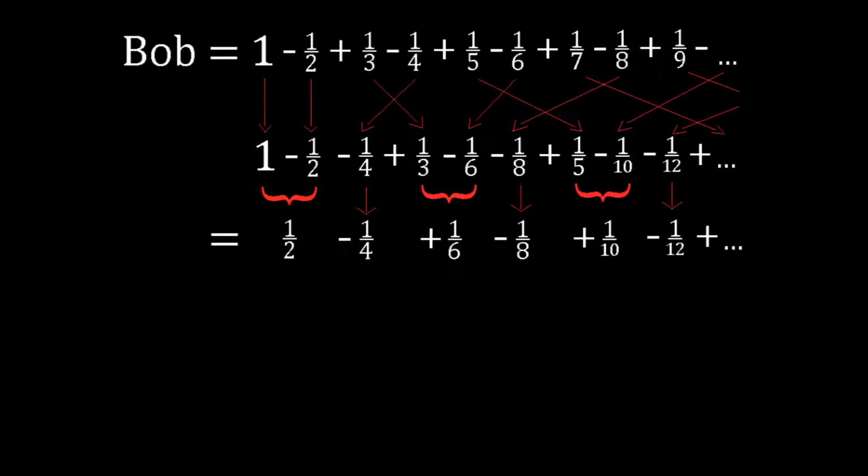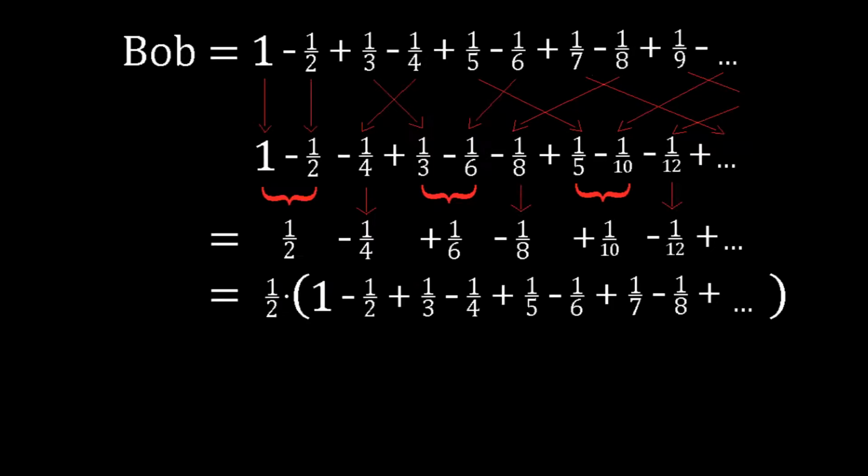Okay, here's the result. Now that I have this result, I will factor out 1/2. So I'm going to put 1/2 in the front, and then put the rest in parentheses. You can see that this is still equal to this. If you redistribute 1/2 into the parentheses, you'll get the original sum.